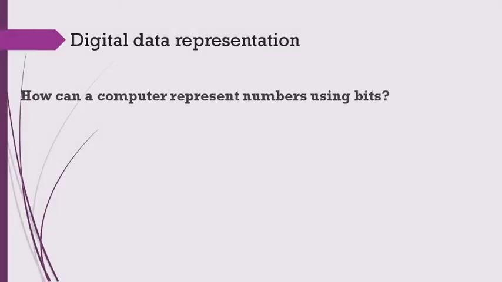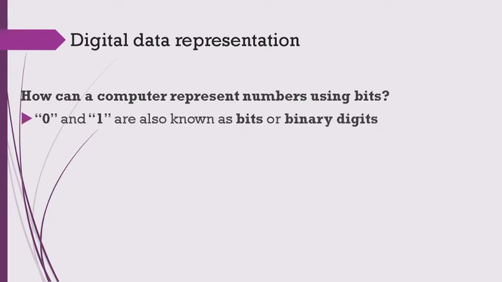So we need to discuss digital data representation because we will focus more on digital devices. So we need to understand this. How can a computer represent numbers using bits? If we talk about bits, zeros and ones are also known as bits or binary digits.